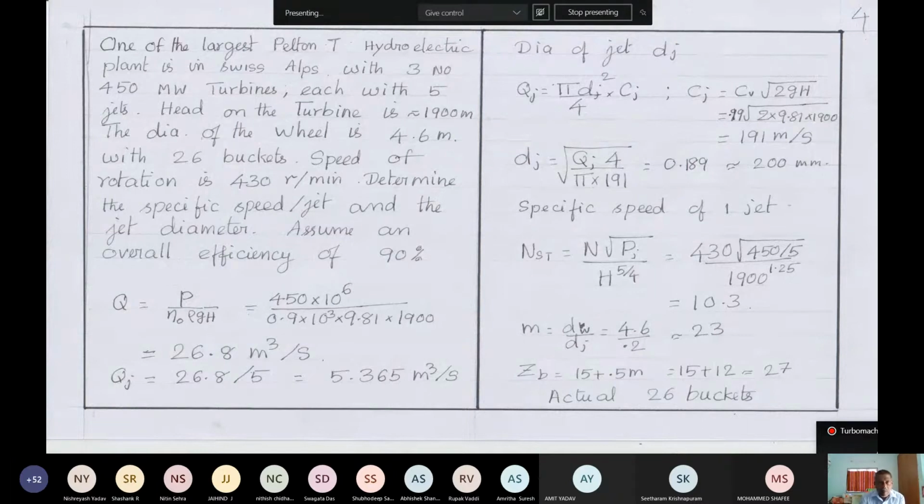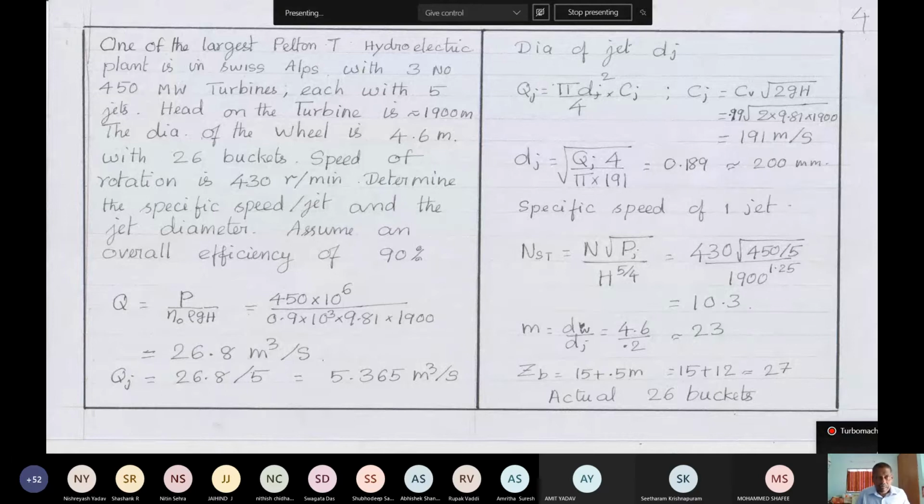It is smaller. Now this is about the Pelton turbine with capacity or power rating 450 megawatt. It is in the Switzerland Alps. Alps, famous place. You have the Swiss Alps, the Italian, then the Austrian Alps, and also a part of France.